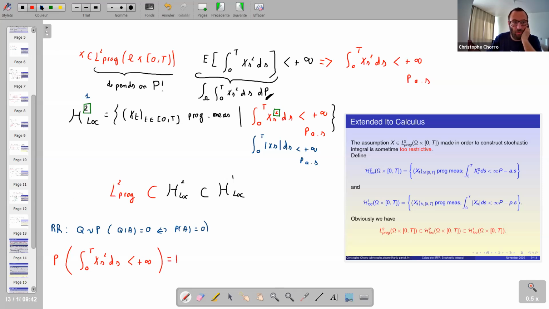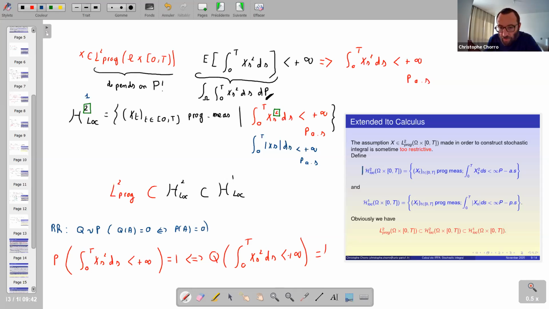And if I take a Q that is equivalent to P, this will be equivalent to the fact that Q of the integral between 0 and capital T of X_s squared ds finite is also equal to 1, because they have the same negligible sets. So by complementary set, they have the same sets of probability 1.